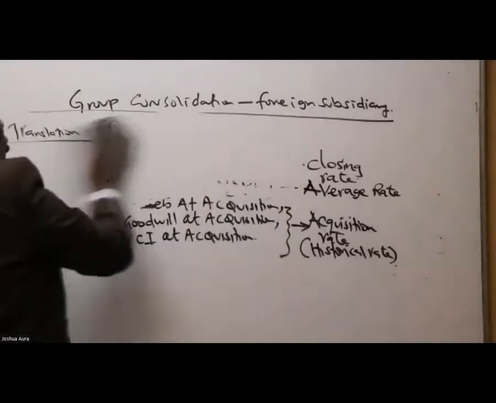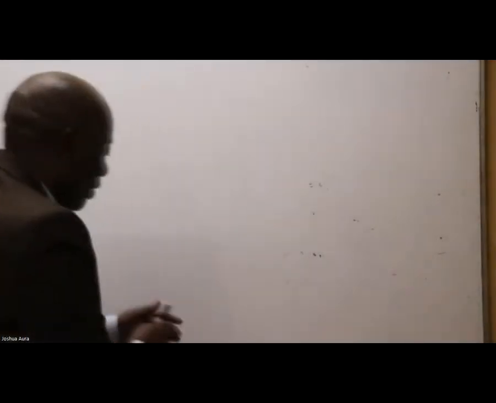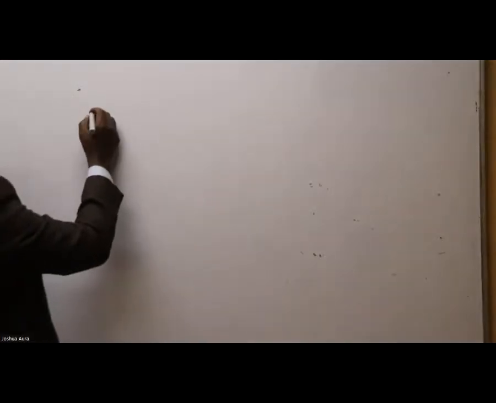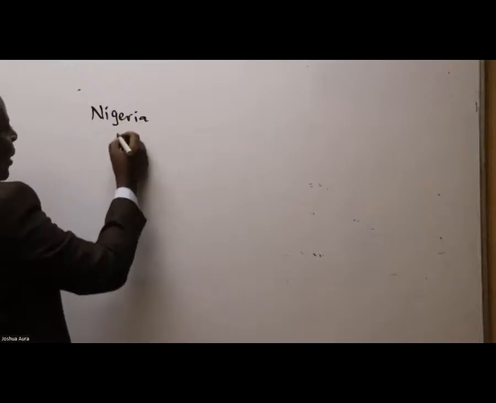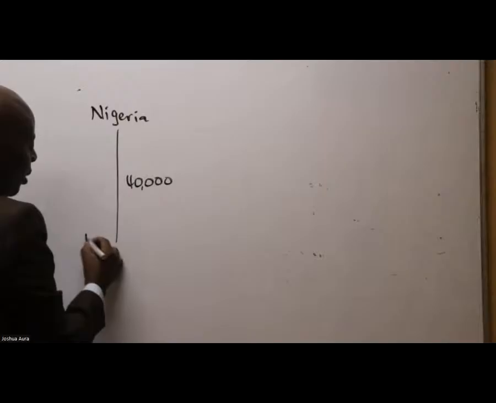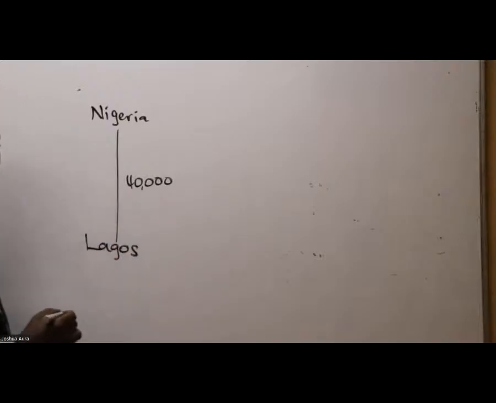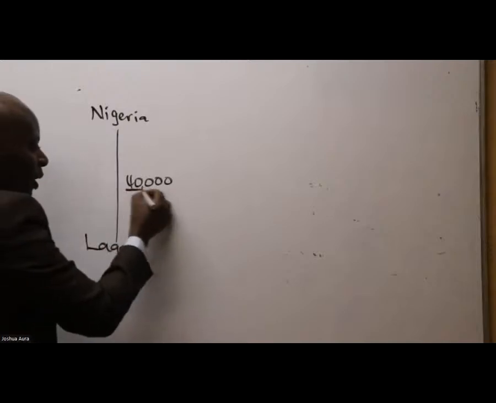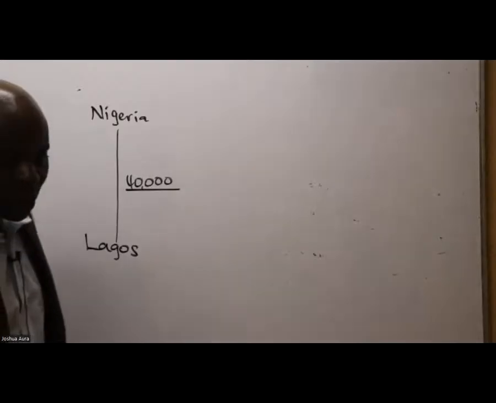So Nigeria, a company called Nigeria, acquired 40,000 shares of a small company called Lagos. I'm interested in knowing the percentage of this investment. So we bought 40,000 shares of Lagos.